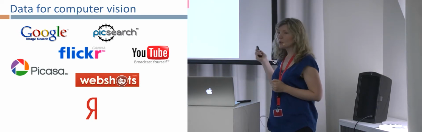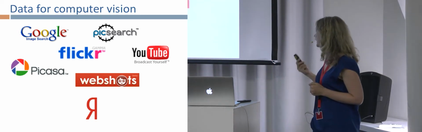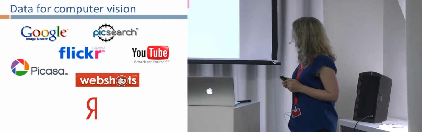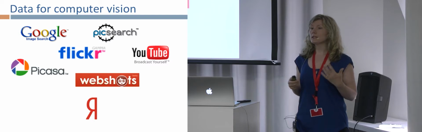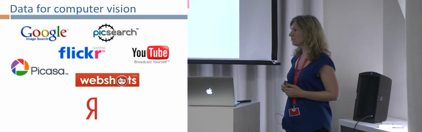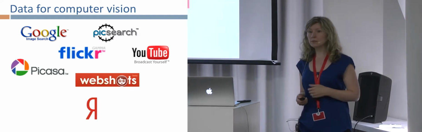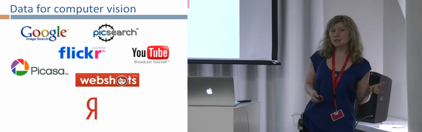Of course, there are a lot of websites where you can find such data: YouTube, Flickr, Yandex as well. And there are billions of images out there, and billions of new images being created every day on these websites. So really the potential for learning from this data is quite amazing.